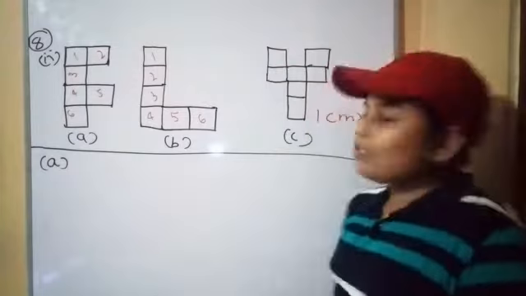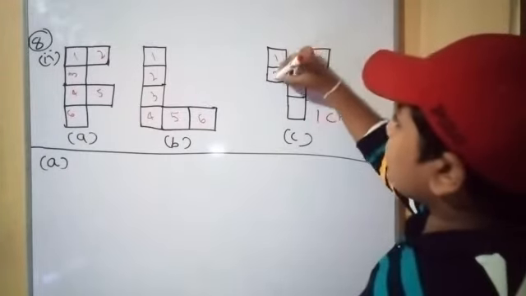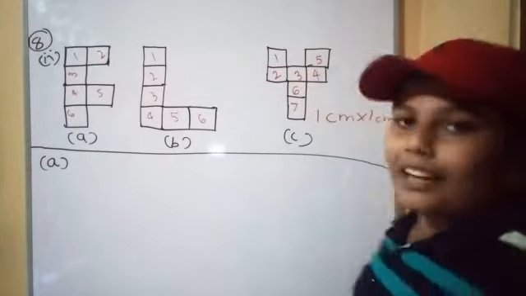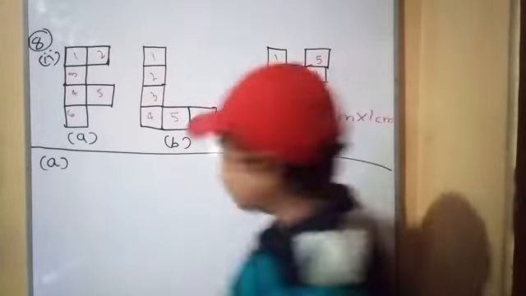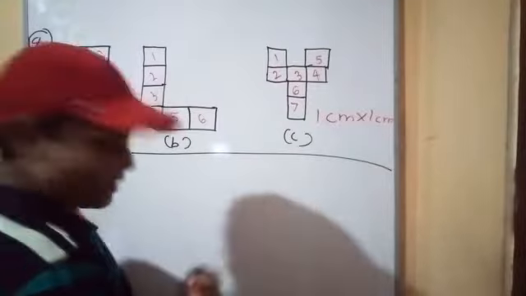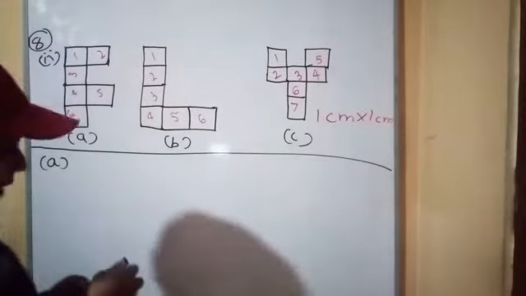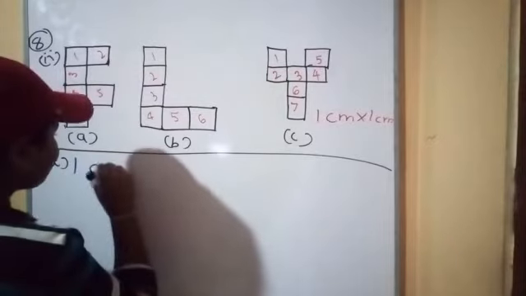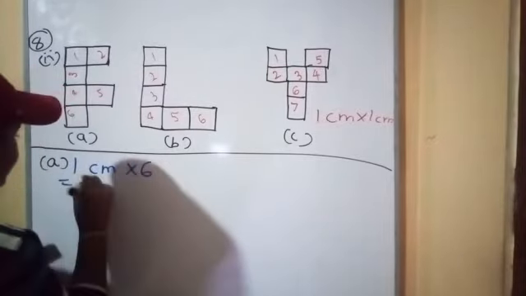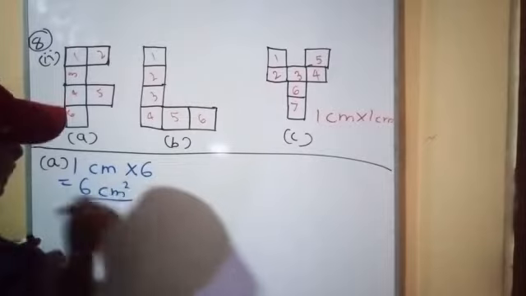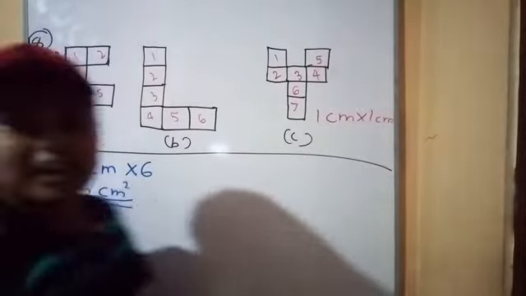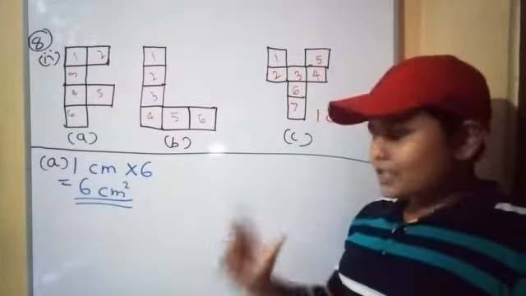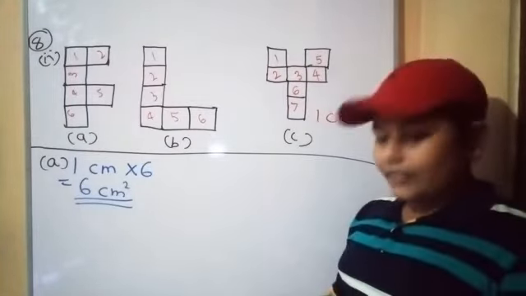The L also has 7: 1, 2, 3, 4, 5, 6 and 7. Now the F has 6, so 1 centimeter multiply 6, 6 square centimeters is the answer for the first one, because they have 6 squares. That means the 1 square is 1 centimeter, like this.